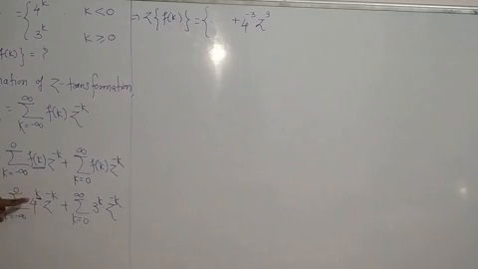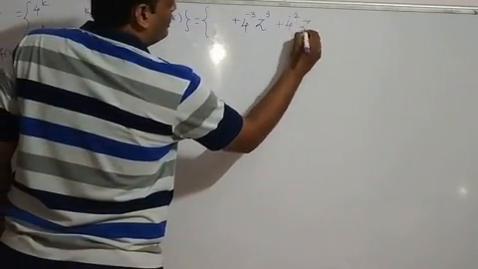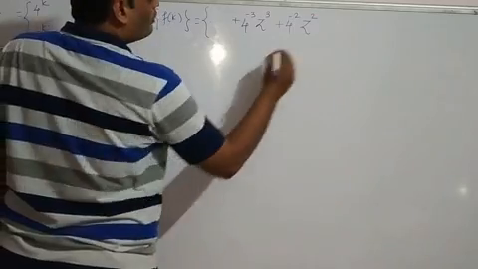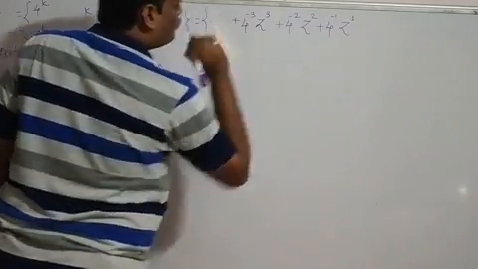Why minus 3? Because here k is negative. After minus 3 you have minus 2, so plus 4 raised to minus 2 z raised to 2, plus 4 raised to minus 1 z raised to 1.